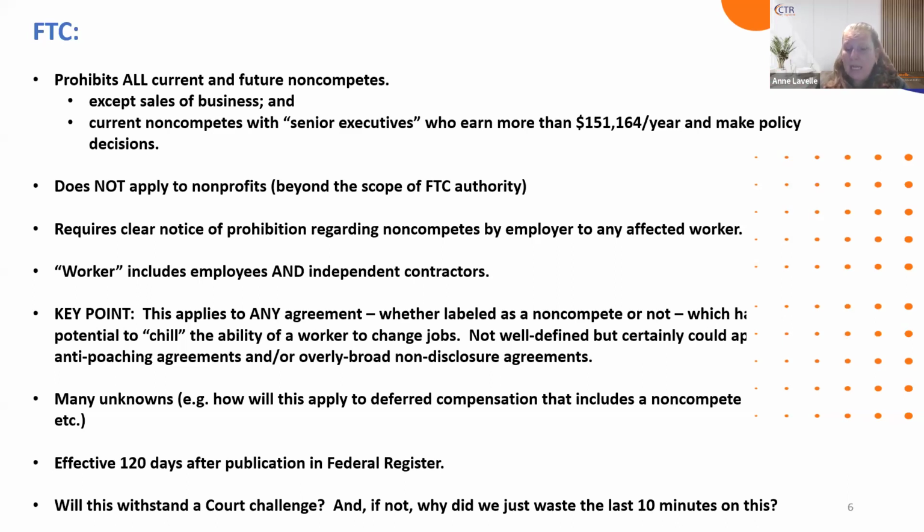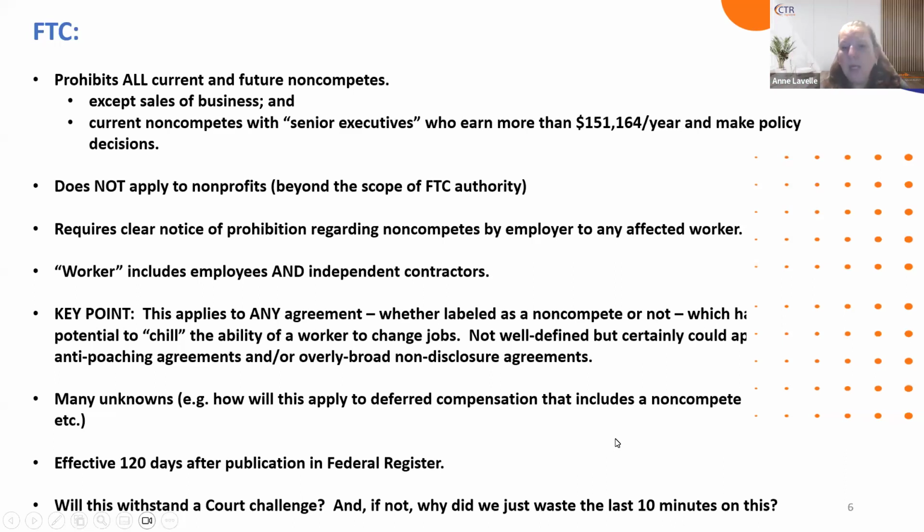If you had a non-disclosure agreement, and this is one of the examples the FTC used, that was too broad, or a non-solicitation that's too broad, that essentially meant I'm not allowed to solicit any client CTR has ever had anywhere in the country, that might be too broad. That might limit my ability to change jobs, and that might run afoul of this law.